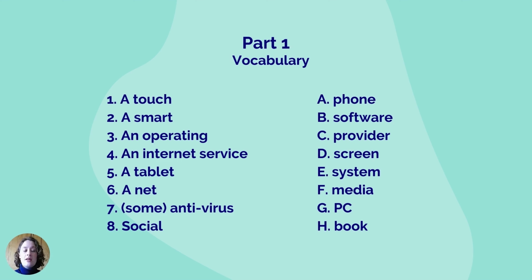Number 4, an internet service. Number 5, a tablet. Number 6, a net. Number 7, some antivirus. And number 8, social. You can pause the video here to make a note of your answers.